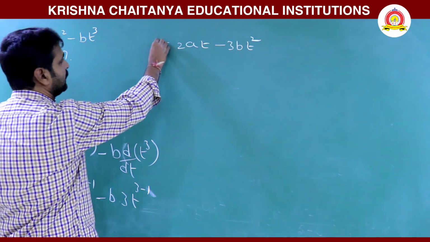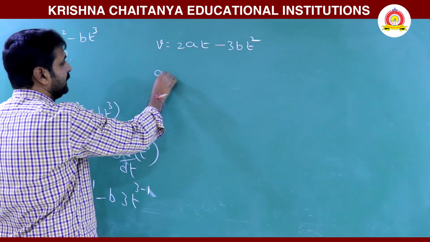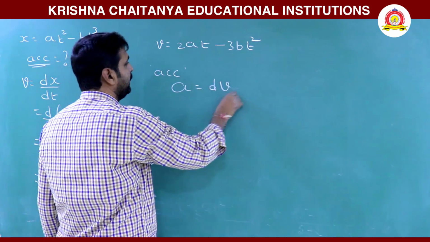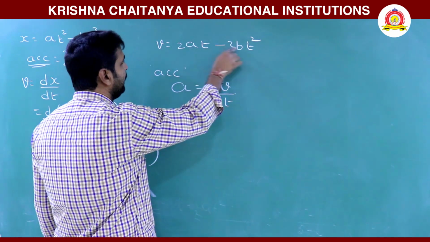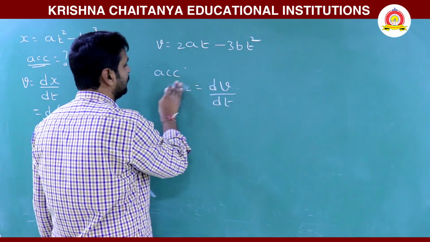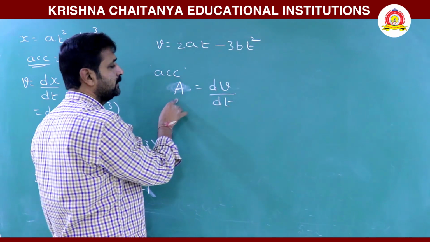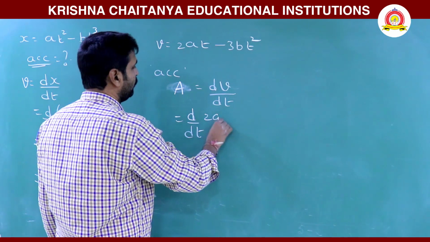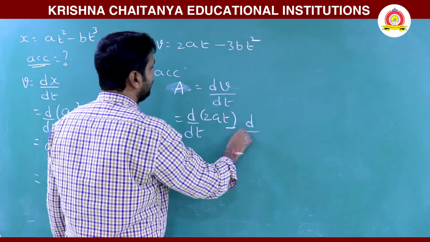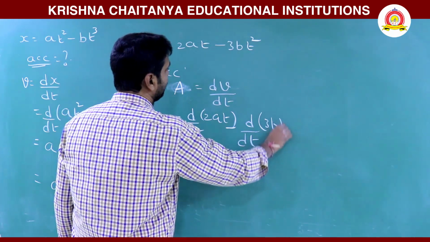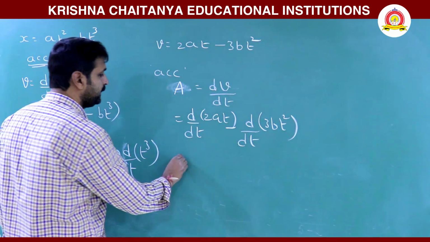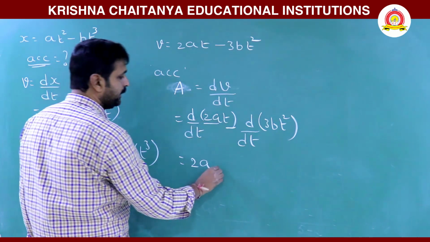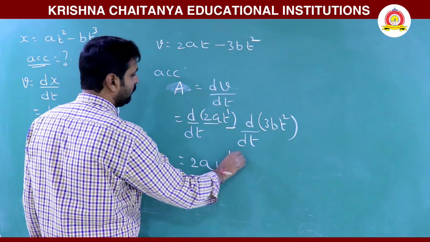Now this is velocity. What we have to find out is acceleration. So acceleration a is equal to dv by dt. Since here a and b are given as some numerical constants, take acceleration as capital A for this problem. A is d by dt of v, which is d by dt of 2at minus d by dt of 3b t squared. 2a is constant for t, 1 into t power 1 minus 1.